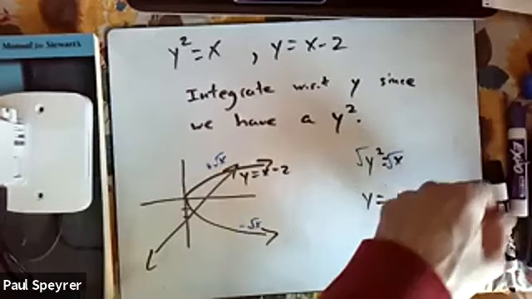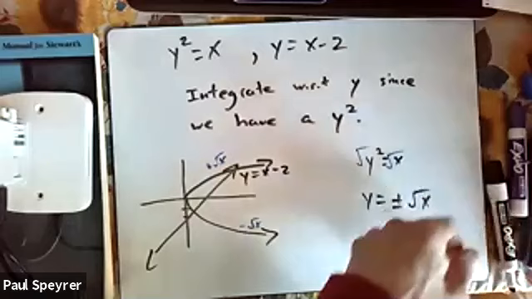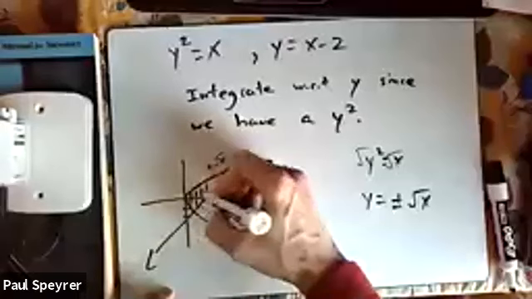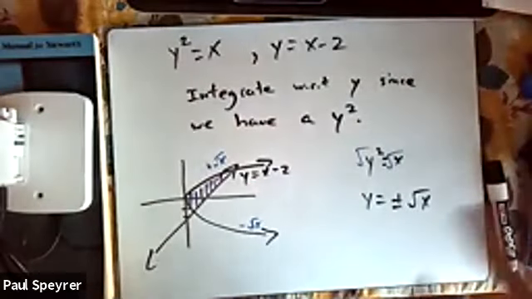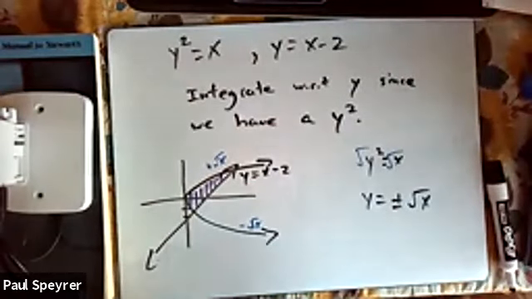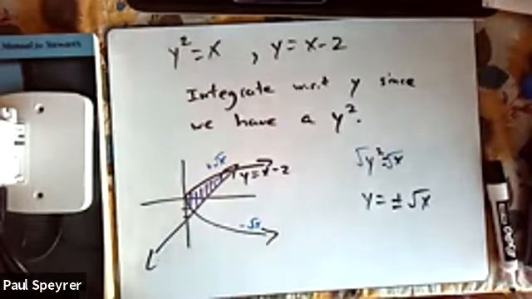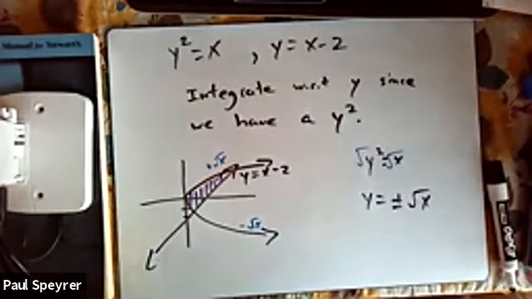Now we can see the area that we're trying to find is right here. But we're doing this with respect to y, correct? So because we're integrating with respect to y, we need our limits.